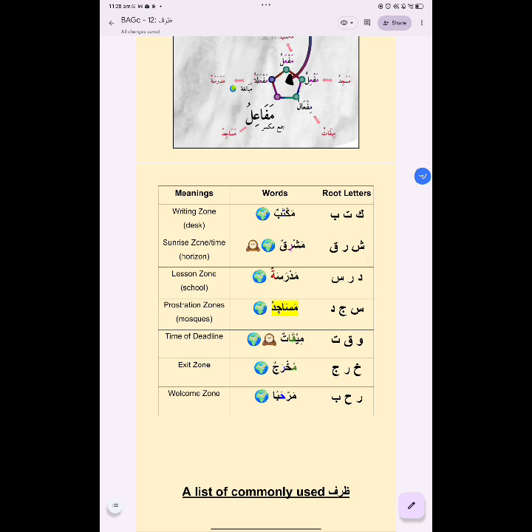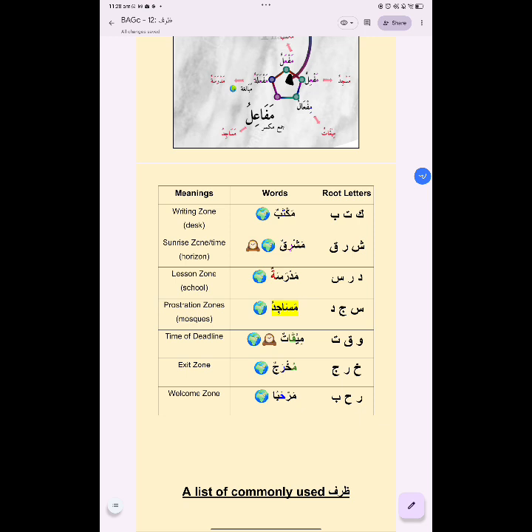This becomes mashriqun. Now, this is actually a dual word, so it's going to serve a dual purpose: ism zarf makan and ism zarf zaman.